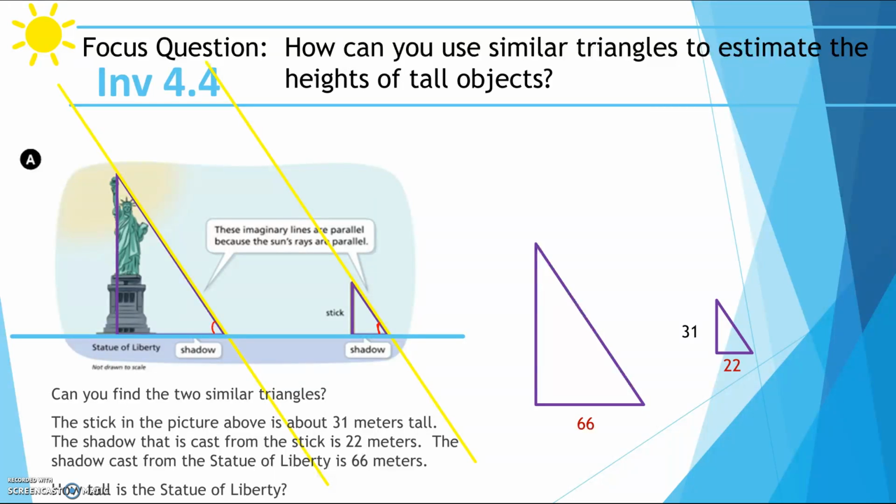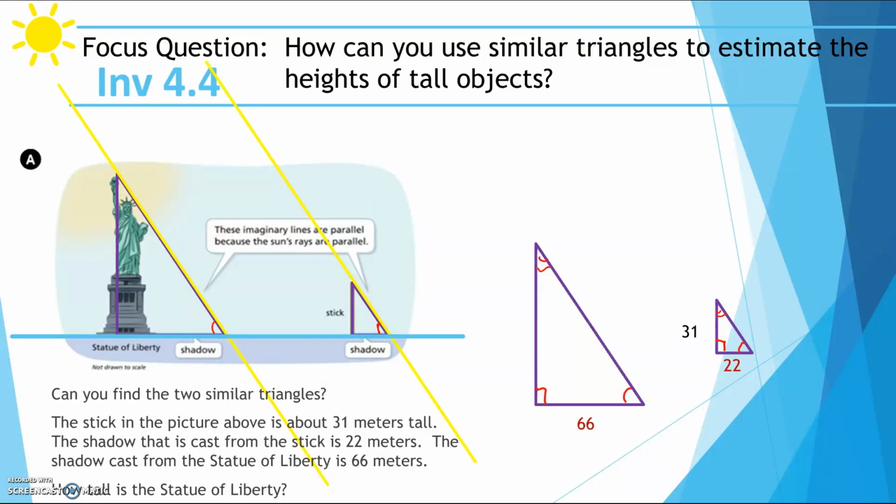They both have a right angle. And I can show that here. And we've already talked about how this other angle here is congruent because of our transversals. And if two of the angle measures are congruent, then the third ones must also be congruent because they always add up to a sum of 180 degrees.